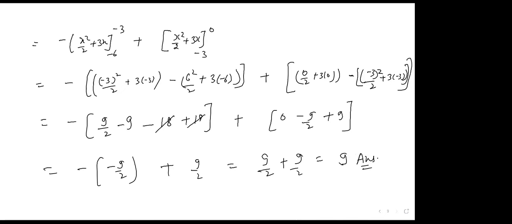Now, question number 3. Find the area of the region bounded by the curve y equals sine x between x equals 0 and x equals 2 pi.